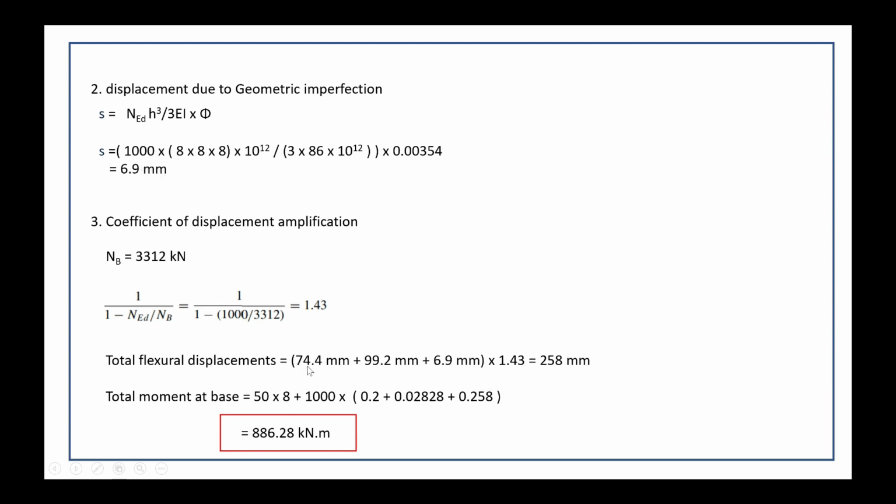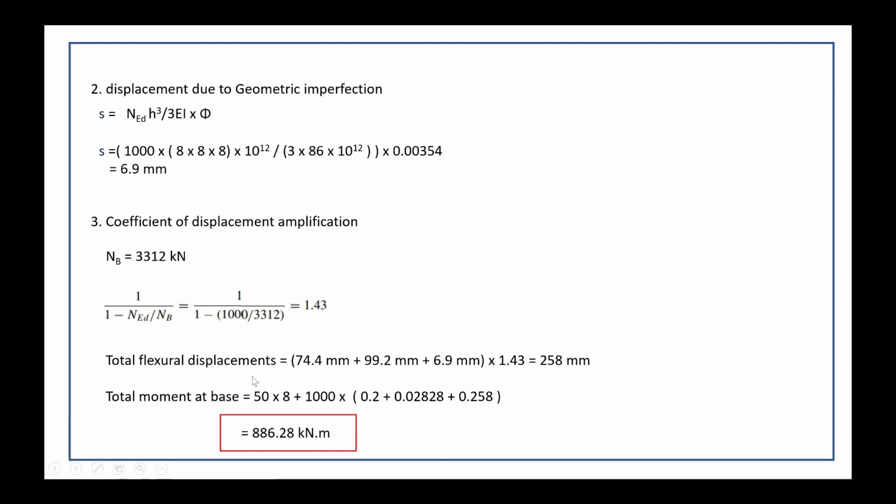After we get the value for the lateral deflection due to load with eccentricity, and deflection due to global imperfection, you multiply all the values with the amplification 1.43. So it's equal to 254 millimeter. You can calculate the total moment at base, including the first order and second order.